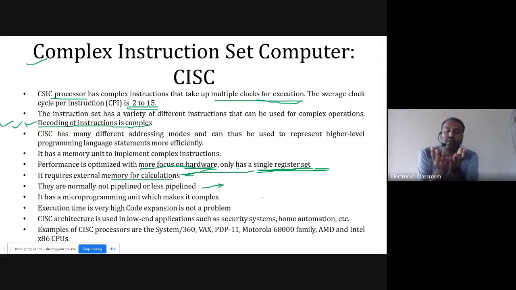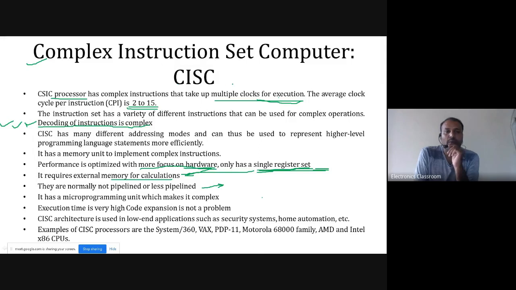So we cannot organize them in pipeline fashion, because in pipelining, if the instruction size is the same, and all instructions take the same time, then it is going to be a very efficient pipeline.